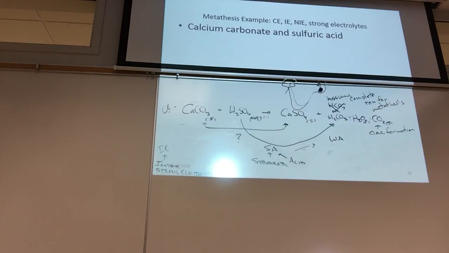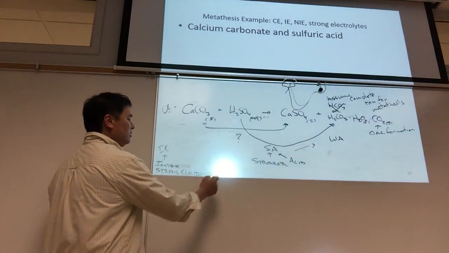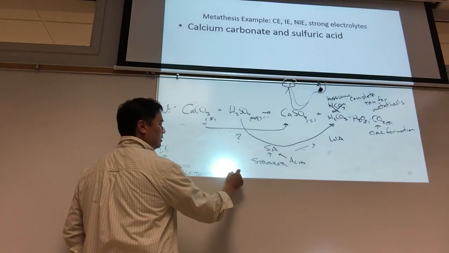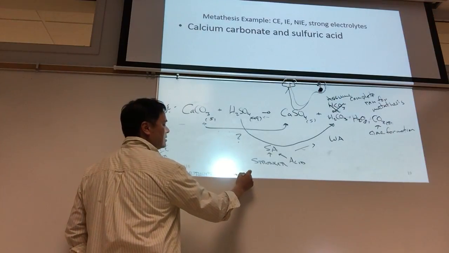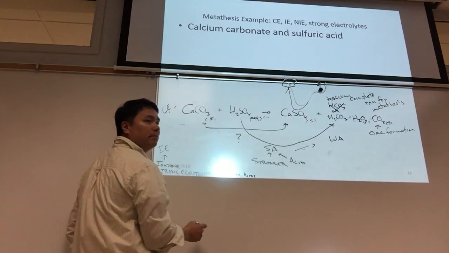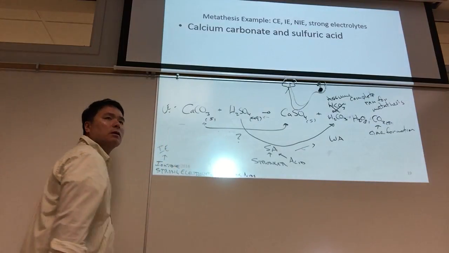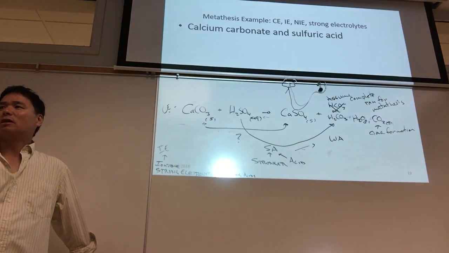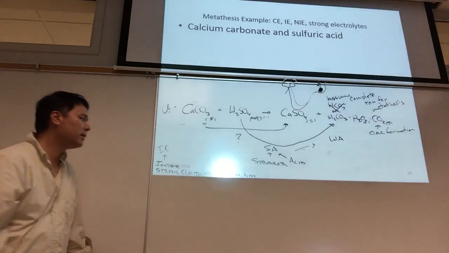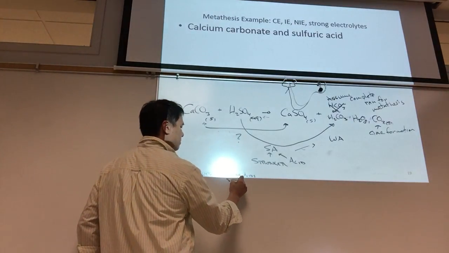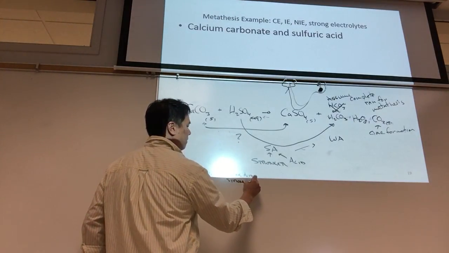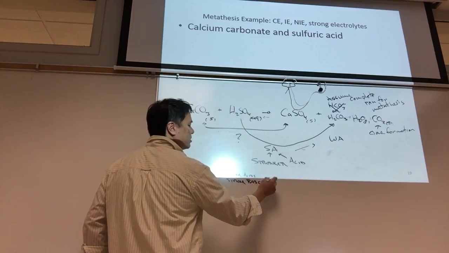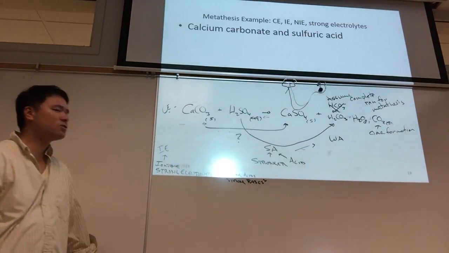And so the strong electrolytes are the strong acids. Strong acids, what else are strong electrolytes? Strong bases. I need to put a little asterisk here because I just said don't ionize strong bases.